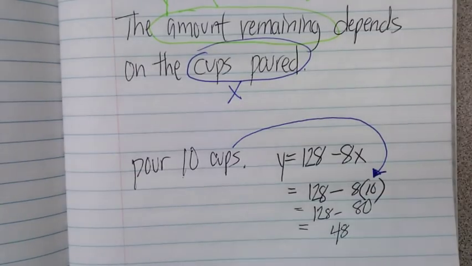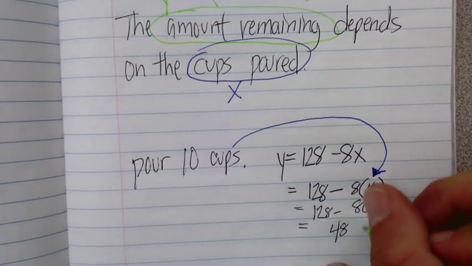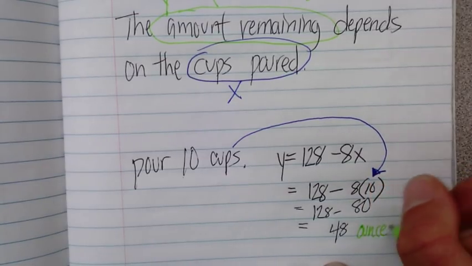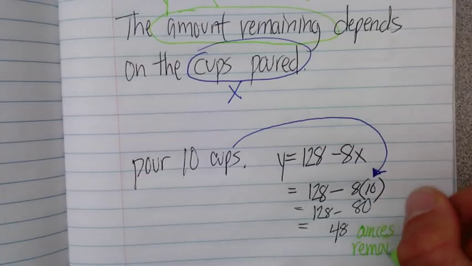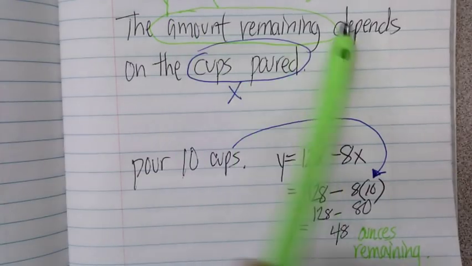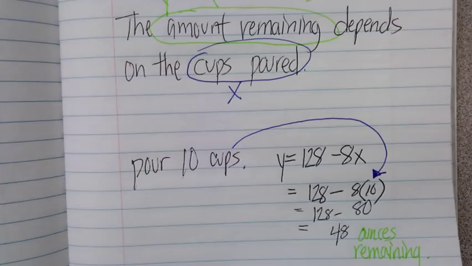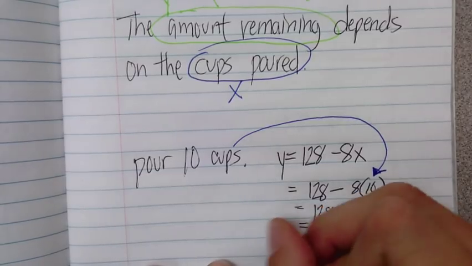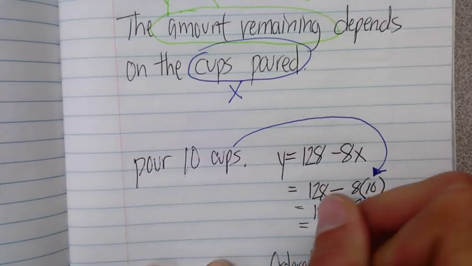So then I can, so what does the 48 mean? 48 means ounces remaining, which would be your independent or your dependent variable. See, I even mix those up sometimes. So then your ordered pair would look like, ordered pair.